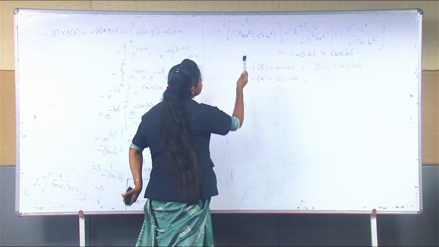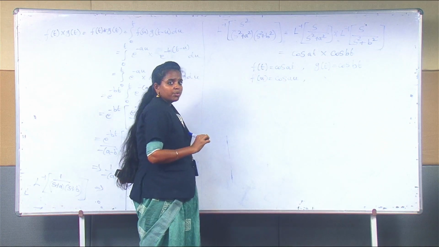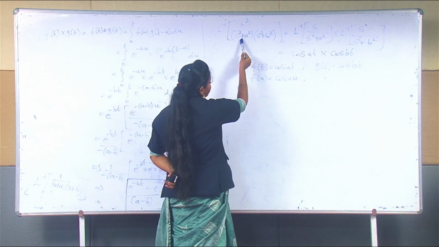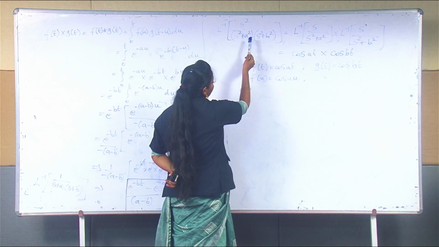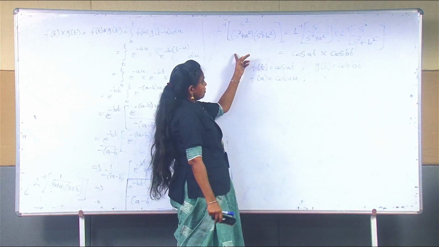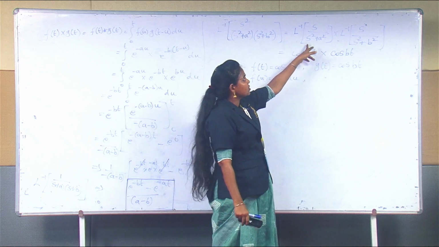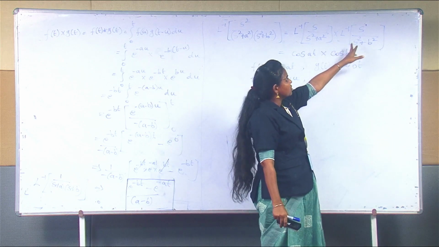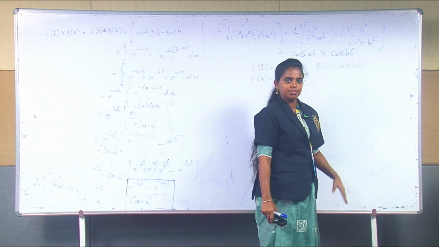We have s squared divided by s squared plus a squared into s squared plus b squared, which can be separated as L inverse of s divided by s squared plus a squared into L inverse of s divided by s squared plus b squared.